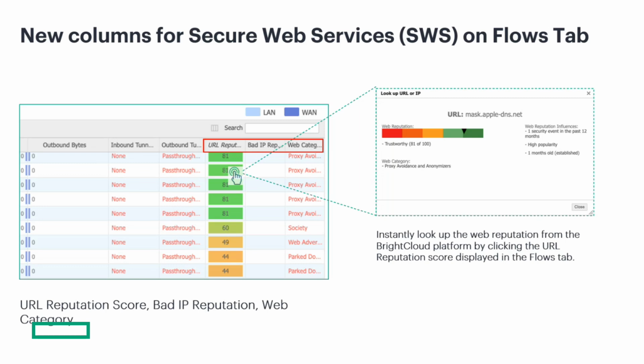Bad IP reputation simply means there's a file that contains all the bad IPs that Brightcloud knows, and they update it very frequently. Think of the use case where there is inbound port forwarding and there is a source coming from a bad IP; you could filter that out using this feature.